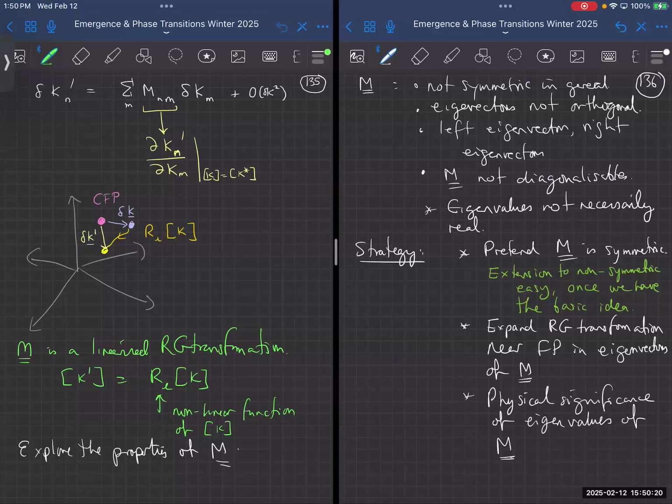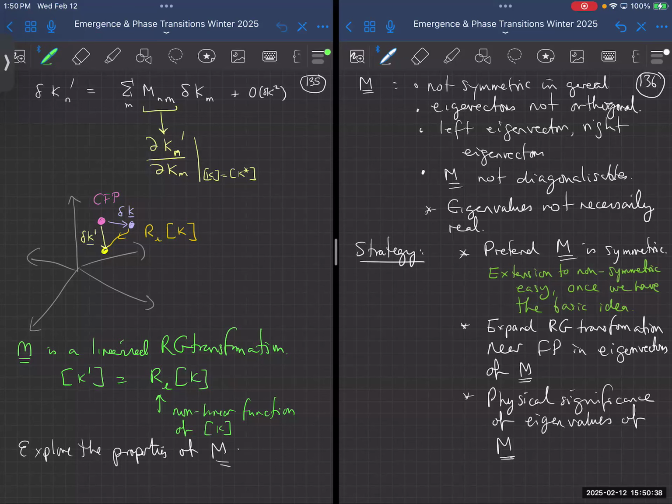So what we're going to see is that our trajectories in the vicinity of the critical fixed point actually are dominated by the physical directions where there's eigenvalues that are positive, that are growing, not shrinking.